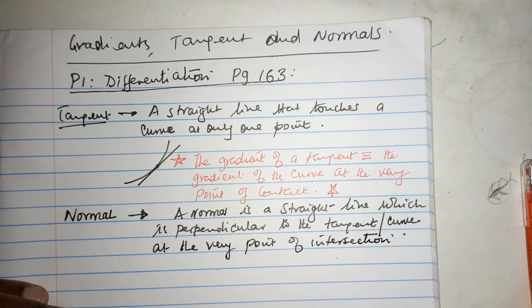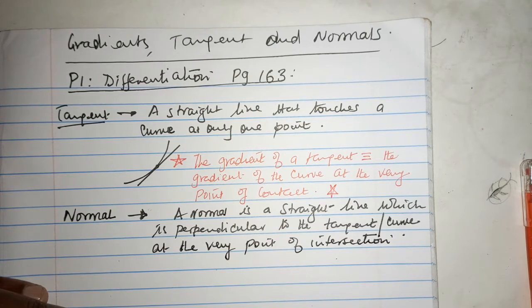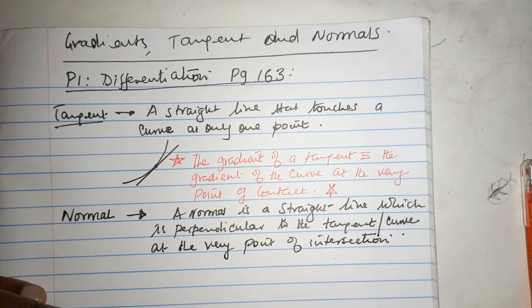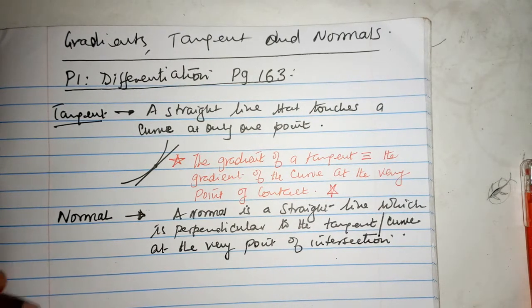At the very point of intersection, the normal is perpendicular to the tangent of that curve at that particular point.